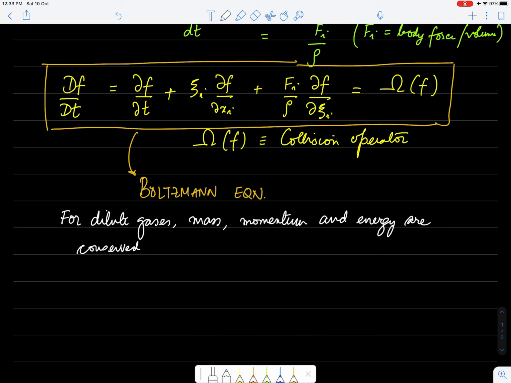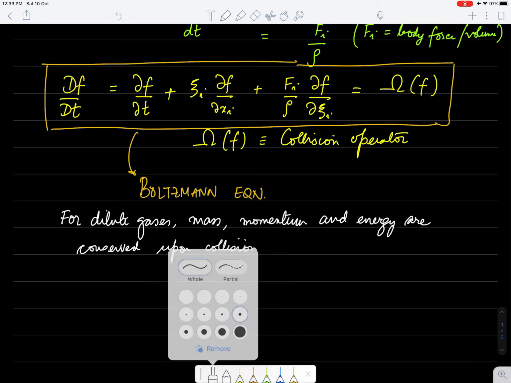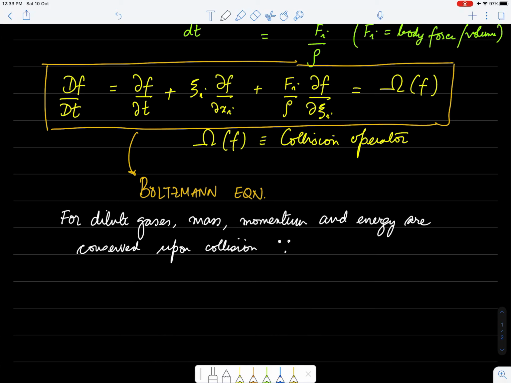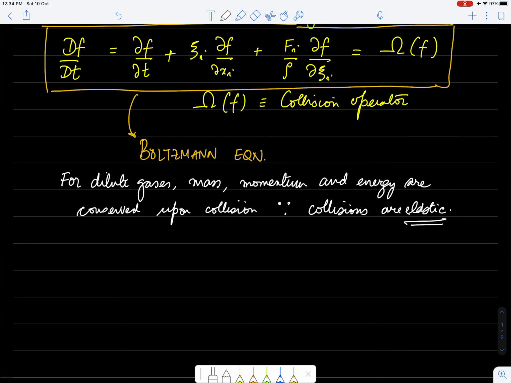They are conserved upon collision. This is because in kinetic theory we assume that the collisions are elastic. What it means is that for this to be true, our collision operator has to obey certain rules.